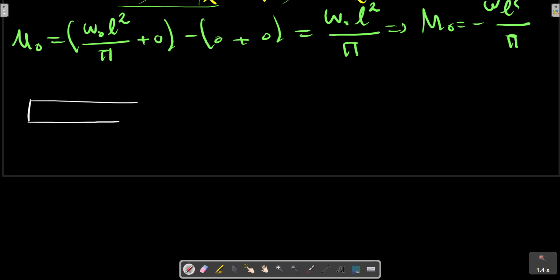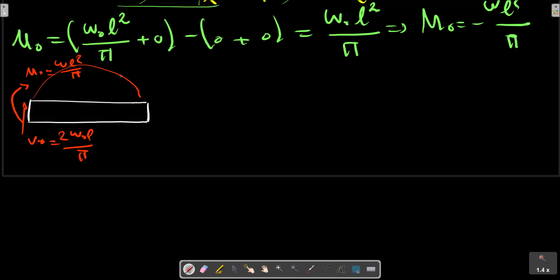Consider these beams, with M0, V0, and a force distributed here.